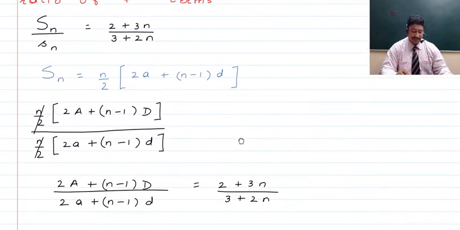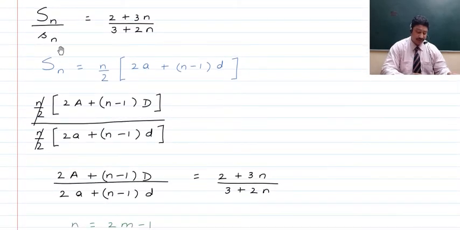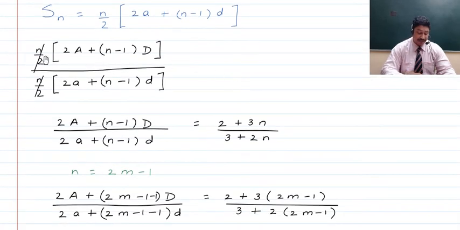So here what we do is, if we keep this in the numerator and in the denominator, considering that capital A is the first term of the first series and capital D is the common difference of the first series, and for the second series we have small a to be the first term and small d to be the common difference, then we will have in the numerator n upon 2 times of 2 capital A plus n minus 1 times of capital D, which is divided by n upon 2 times of 2 small a plus n minus 1 times of small d. Now here, guys, as n upon 2 is in multiplication in the numerator and in the denominator and also common, it will get cancelled, right?